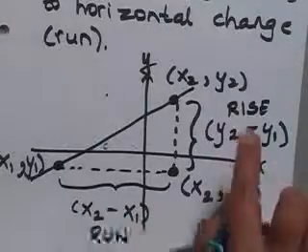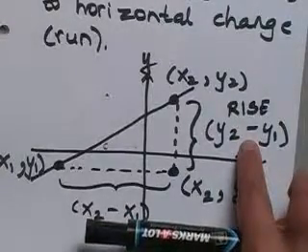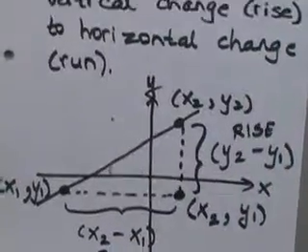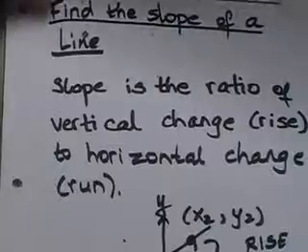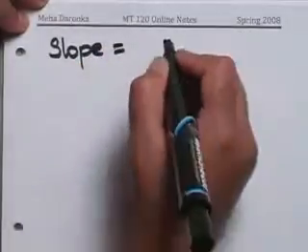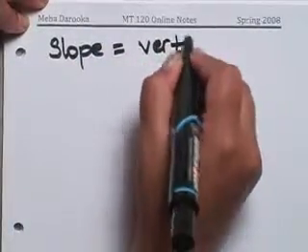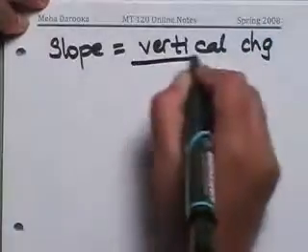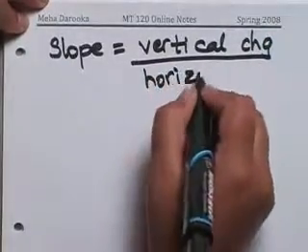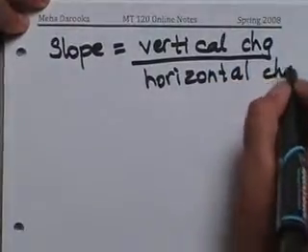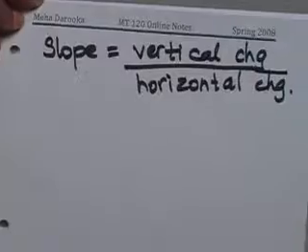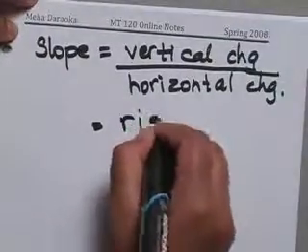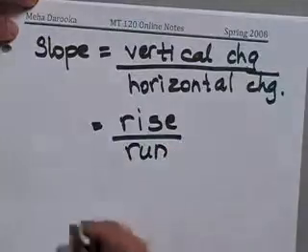So again, your slope is the ratio of the vertical change to the horizontal change. Now again, remember, ratio is where we are talking about comparing two values. So in this case, your slope is your vertical change over your horizontal change, or you can call it rise over run.